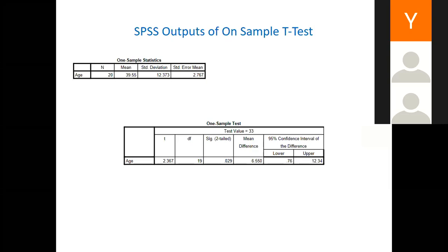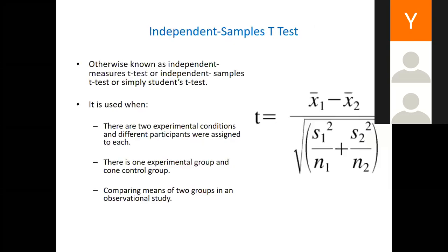So look at these are the results we just generated now. That's what I just put on the slide here. Very simple. So let's go to the next one. There are 3 types of t-test we want to look at. We have just looked at one, which is the one sample t-test. Let's look at the independent t-test now.